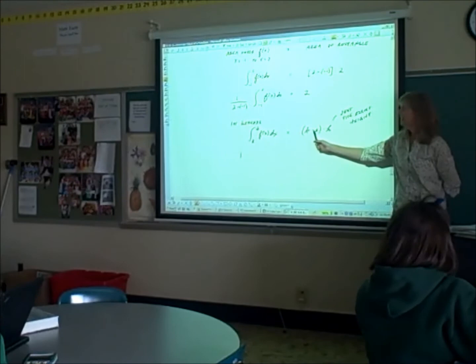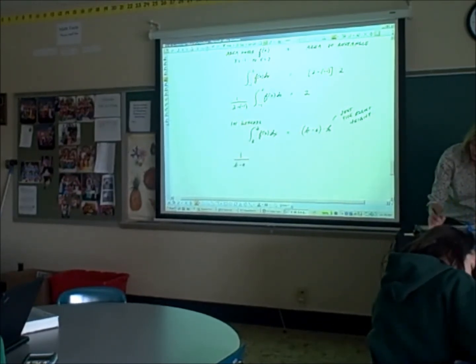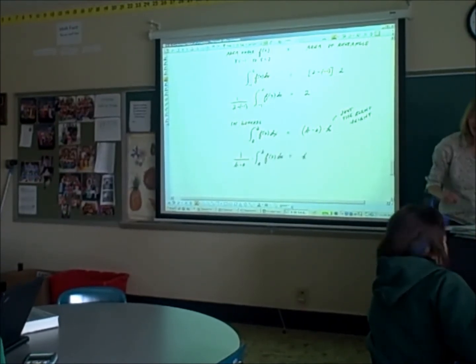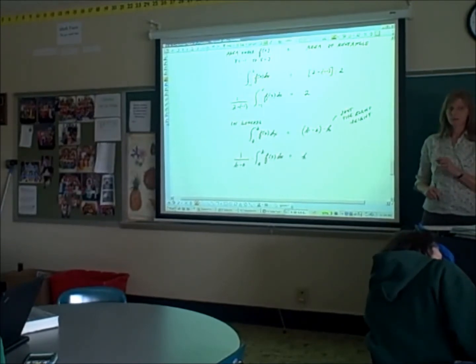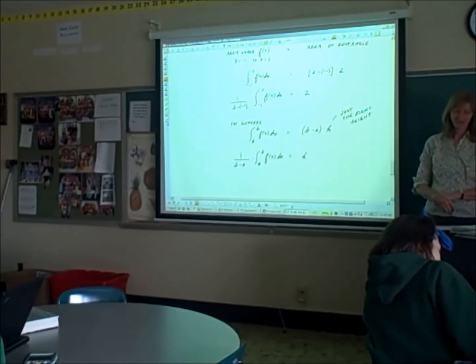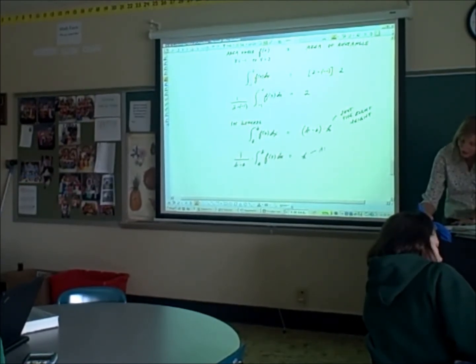I divided this by b minus a, and here's what I came up with, that perfect height that we're looking for to get that just right turns out to be the average y value. What do you think? So this is the average y value, average value of f.